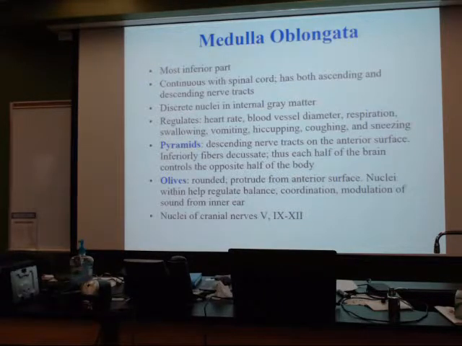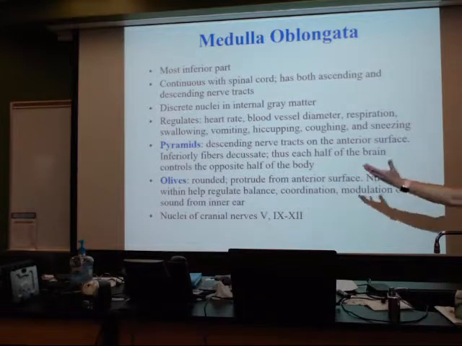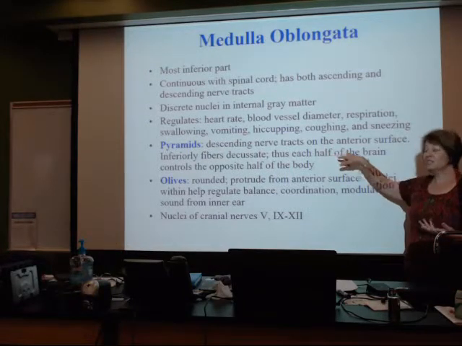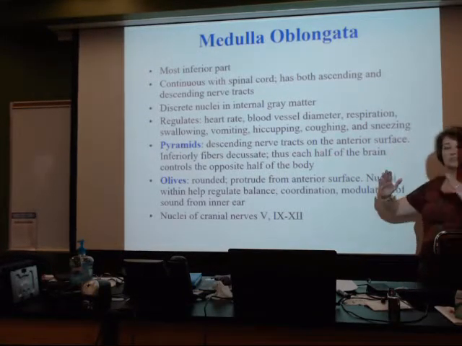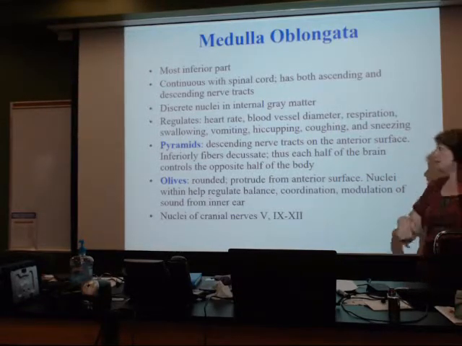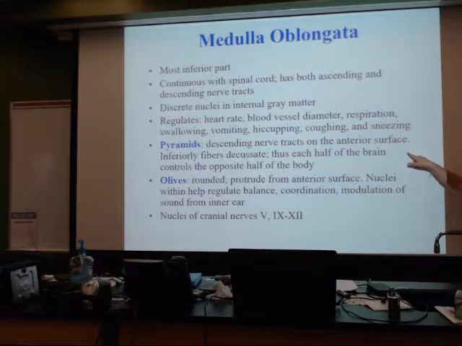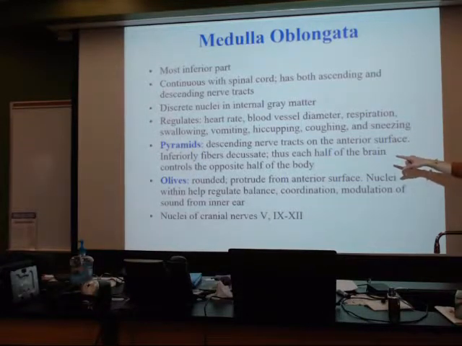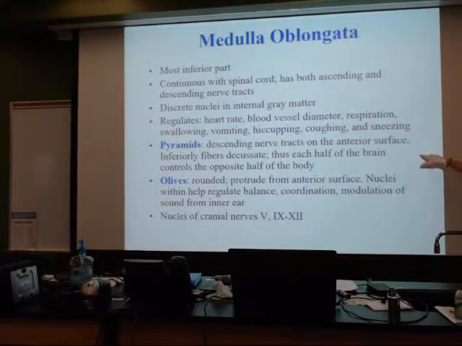Just saying. We're going to see in that anatomy, they have what's termed pyramids, just like the term implies, olives, just like the shape of an olive. Pyramids, look what we have. Descending tracts. They're on the anterior surface.